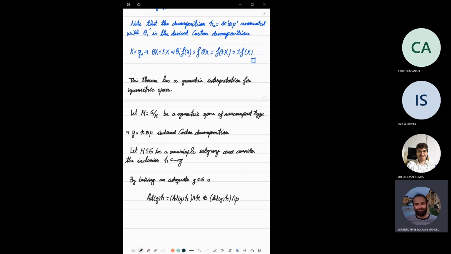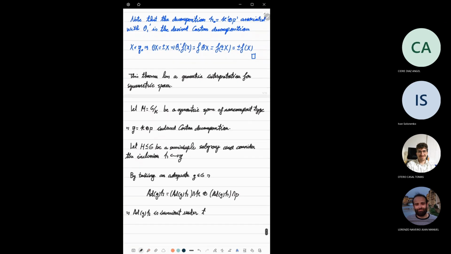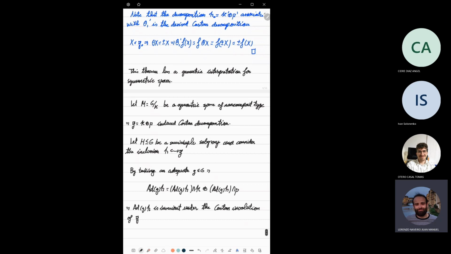So in other words, what this means is that h is invariant under the Cartan involution of G for the adequate conjugate. So these are usually known as well-positioned or canonically embedded subalgebras of the Lie algebra g.